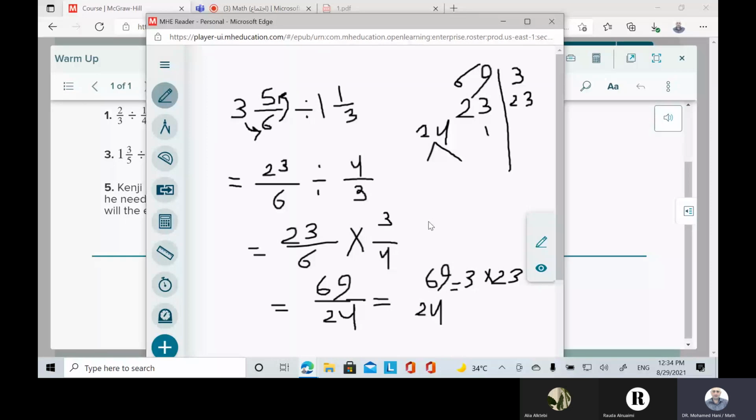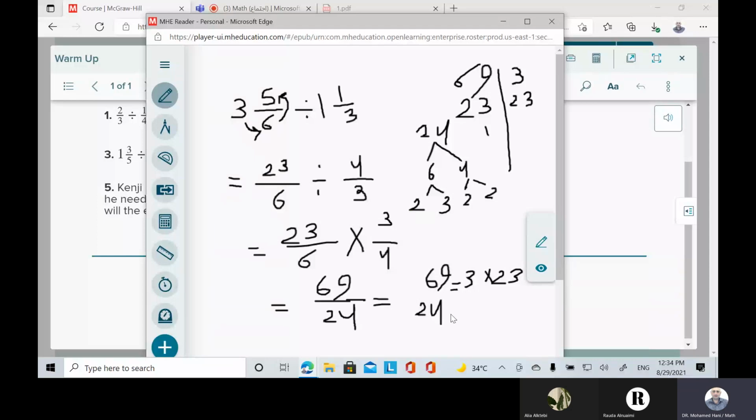We have 6 and 4, for example, 6 and 4. Or you can write 2 times 12 or 3 times 8. So I will use here 6 times 4, and 6 equal 2 times 3 and 4 equal 2 times 2.